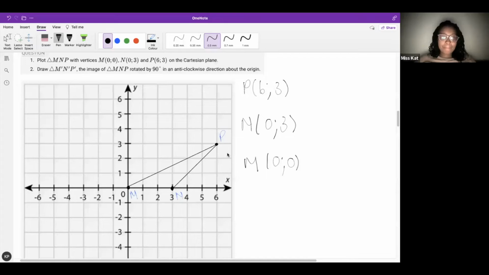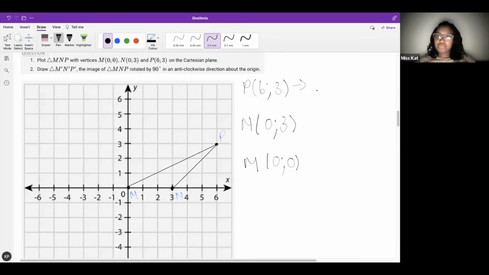Fine, ma'am. So it's 90 degrees anti-clockwise, so our x becomes negative. Our x? The original x or the new x? No, the y, sorry, the y. There we go, the y. Okay, so let's do it. Do you want to do the first one? Let's do the first one.